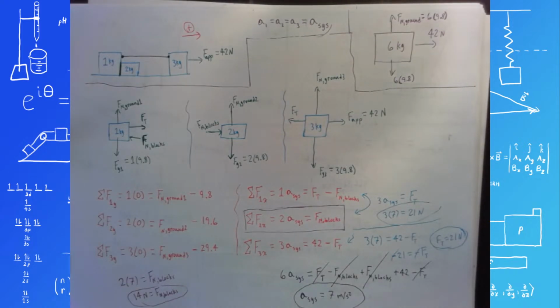What is it? 58.8, I think? 9.8 times 6. 58.8. I hate that I know this. I hate that I have this gut instinct that tells me, yeah, that number sounds right.